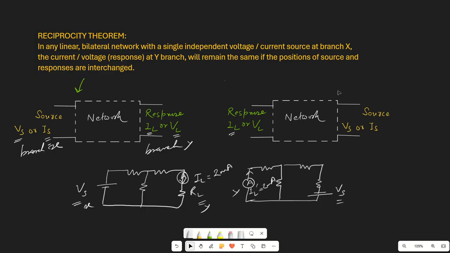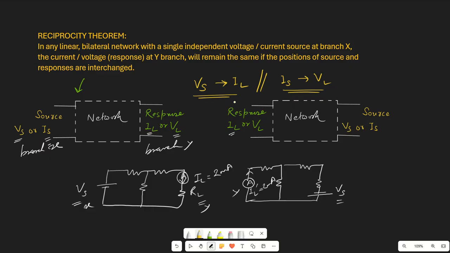And one thing we should know, that is the most important point, and there should not be any doubt or mistake at that point, that is, whenever we are considering a voltage source, the response should be current. Whenever we are using a current source, the response should be voltage. So this is the main condition that we should remember. Suppose a question comes in examination that determine or verify the reciprocity theorem in this circuit.